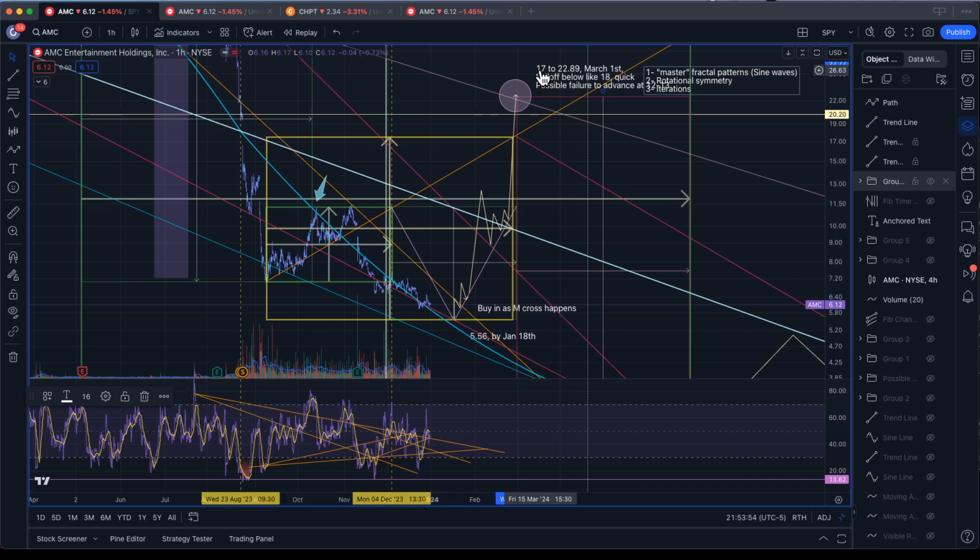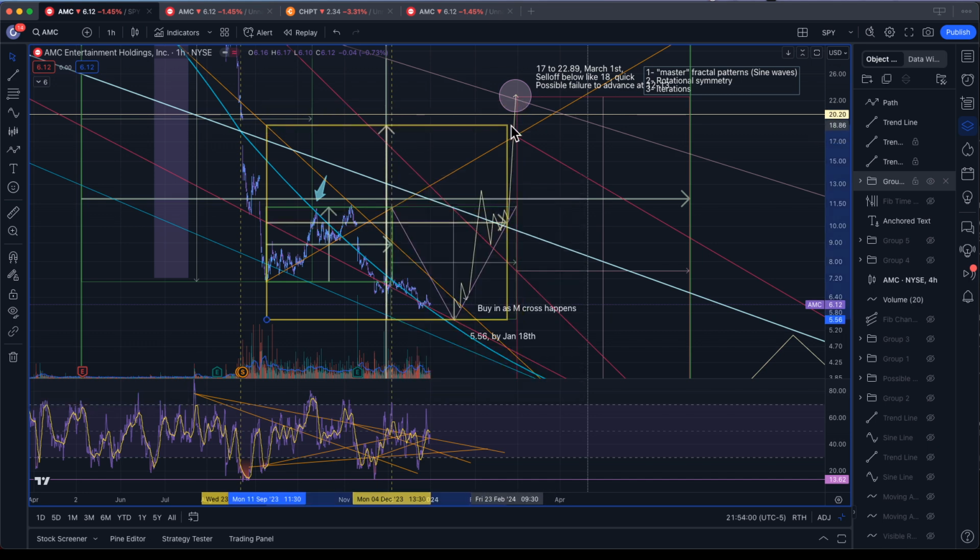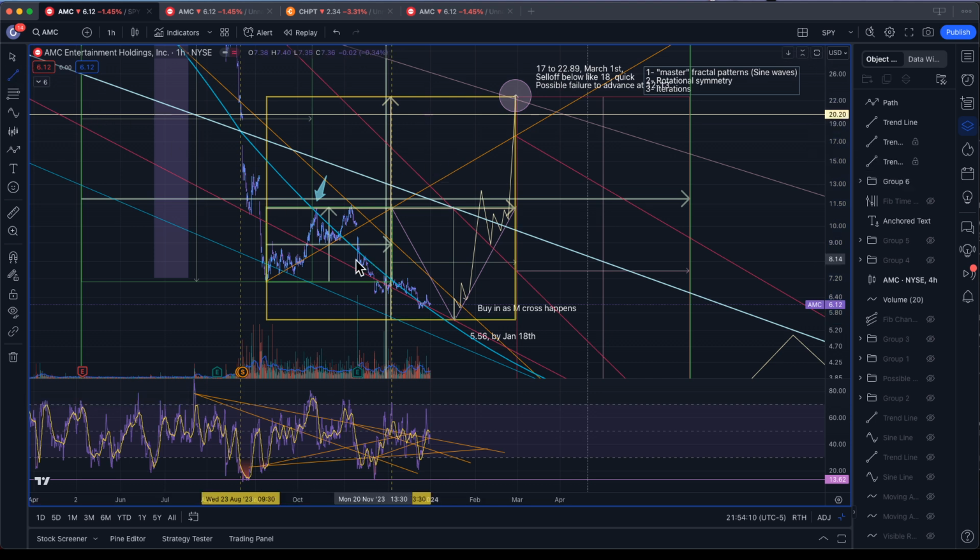So you see how I wrote 17 to 20, 22.89. The reason I did that has to do with a couple things, but the main reason has to do with this orange line. Assuming that I'm not completely and totally wrong about that orange line theory, then this would only come up to like $17, right?